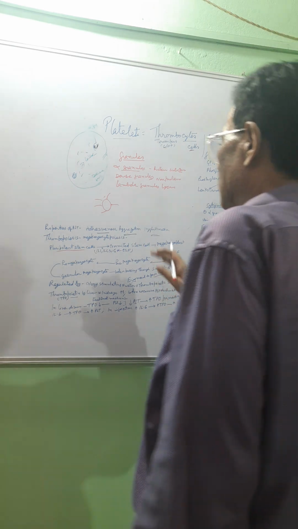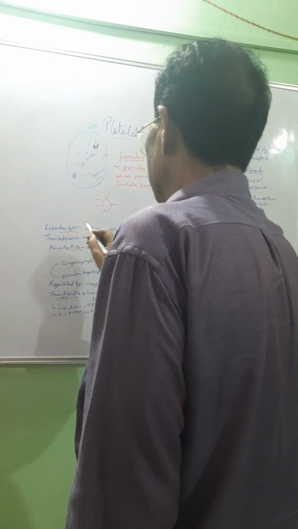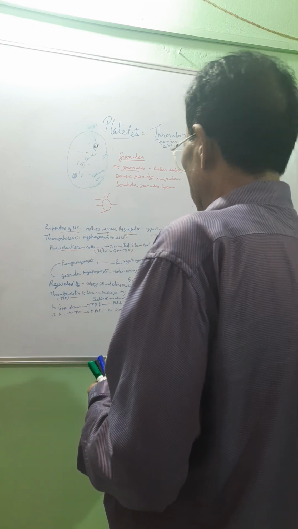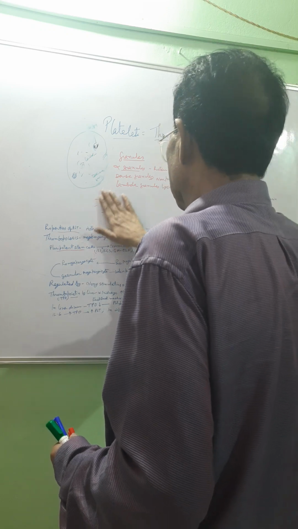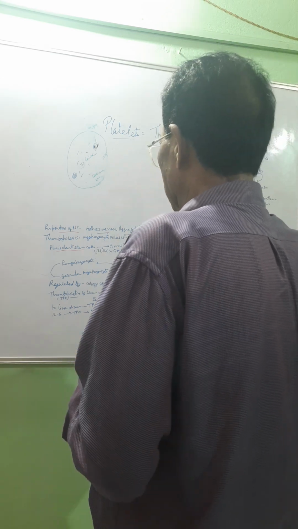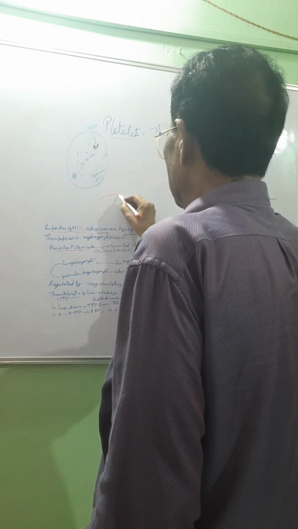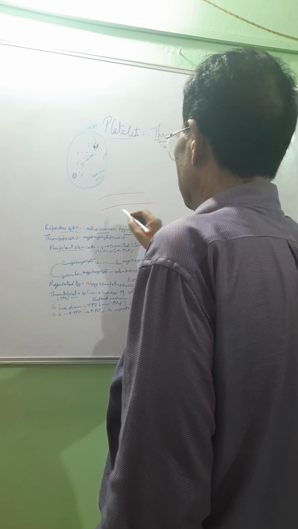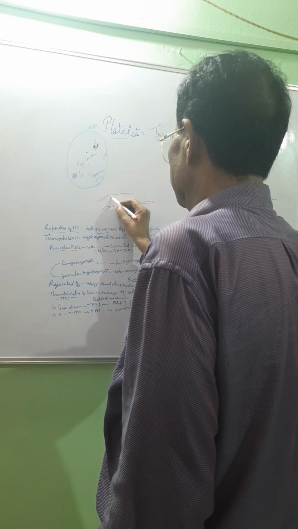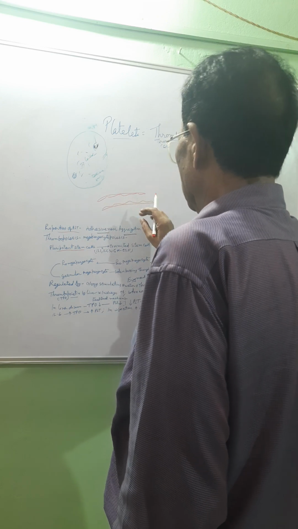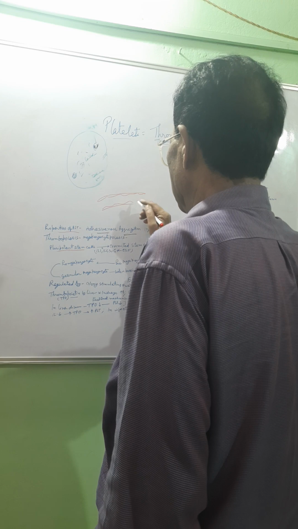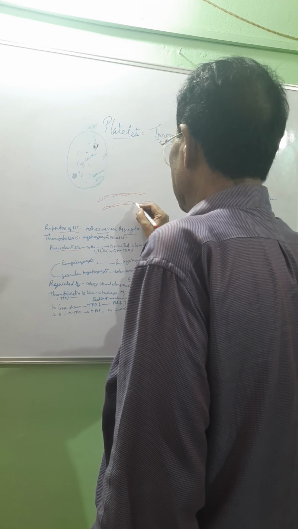Now the properties of platelets: adhesiveness, aggregation, and agglutination. What is adhesion? Suppose this is a blood vessel. When the endothelial layer is damaged, collagen is exposed.